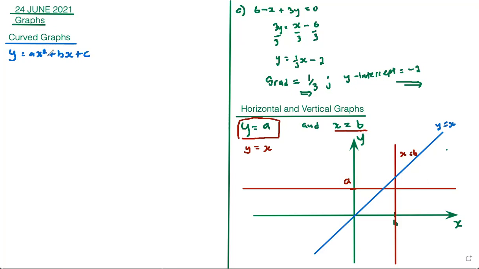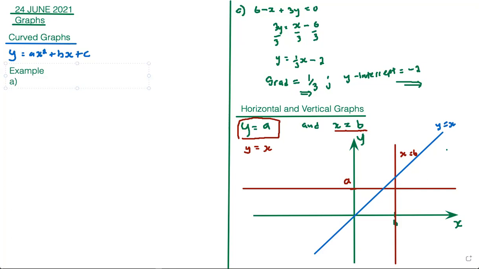And usually for you core guys, this is where you end. You can plot these graphs. For extended guys, they will usually now plot hyperbolas and other types of graphs. So let's see how to plot such a graph. We're going to do an example. What they do is they give us a table that has values already.